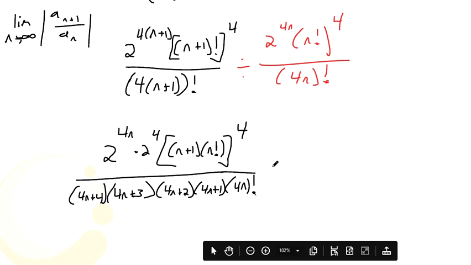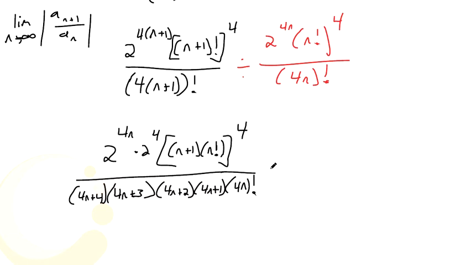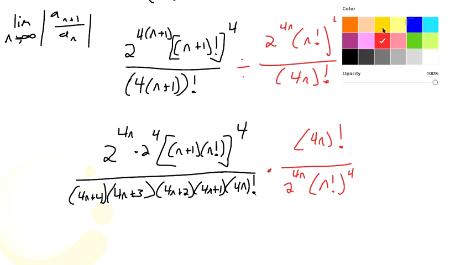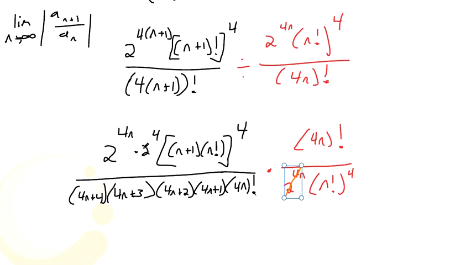So we rewrote the black part. Now let's flip and multiply the red part. That makes 4n factorial over 2 to the 4n times n factorial to the 4th. Let's see what we can do about canceling things out. We got our first winner of the day, 2 to the 4n and 2 to the 4n when we expanded this, right?